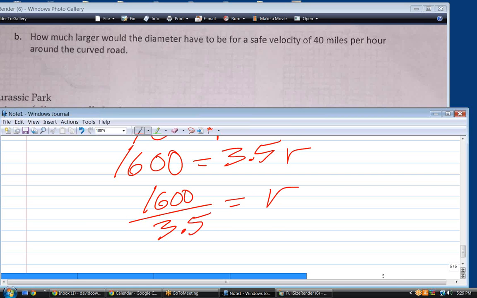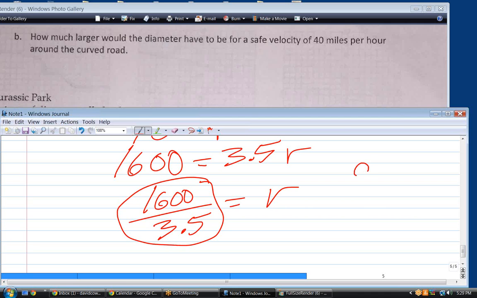What's the relationship between radius and diameter? Okay, so we need to multiply this by 2 to get diameter. In other words, we just solved for R, right? But they want the diameter.